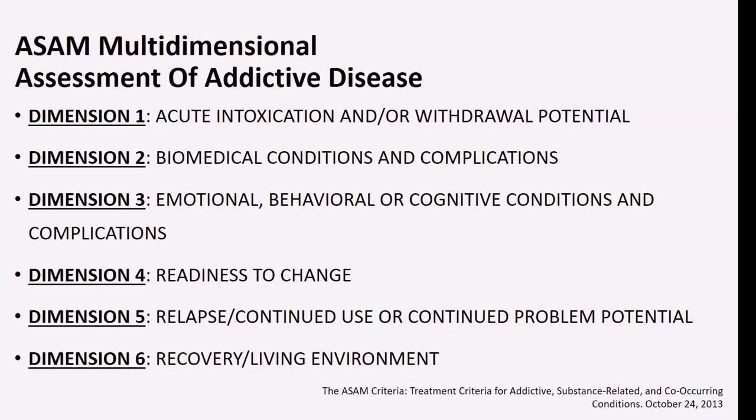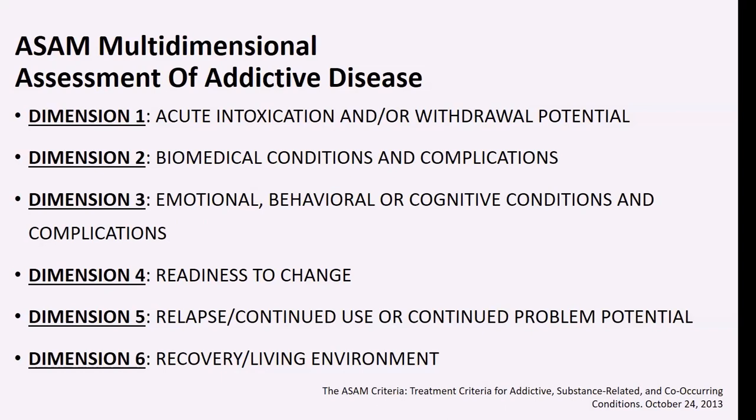And then they're going to go through a withdrawal that's going to spike their blood pressure. So Dimension 2 is very important. And Dimension 3 is basically the psychiatric dual diagnosis component. If they have a co-occurring mood disorder, co-occurring anxiety, trauma-related illness, that's also important to assess.